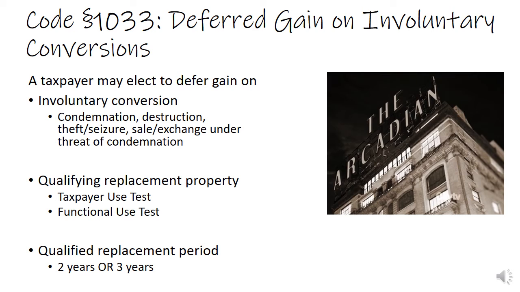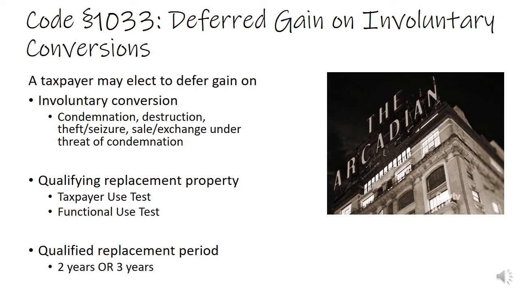Depending on who and how the property is used, the taxpayer has a couple of options when replacing the property. For business owners who don't occupy the property, they can replace it with a similar property. But owner-occupants are required to obtain functionally similar replacement property.